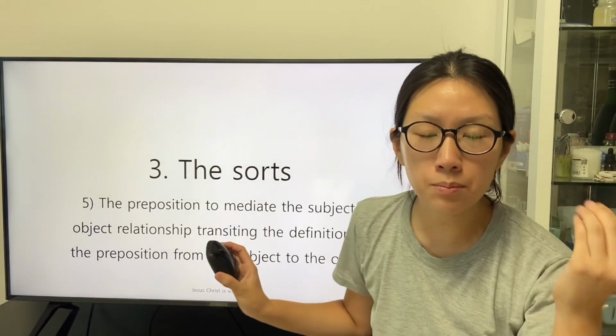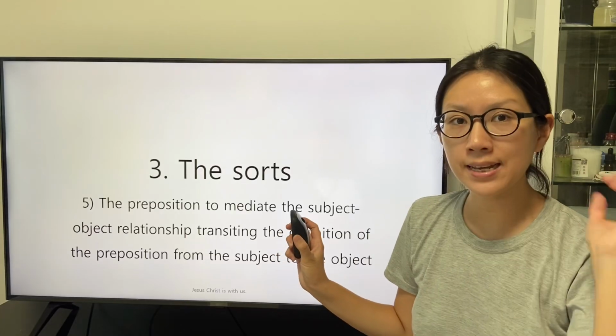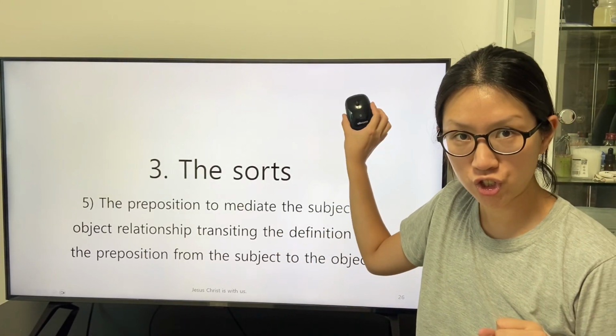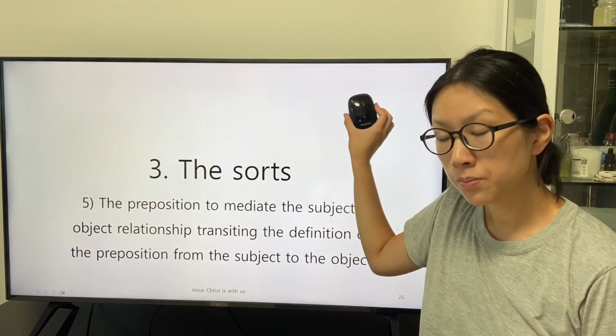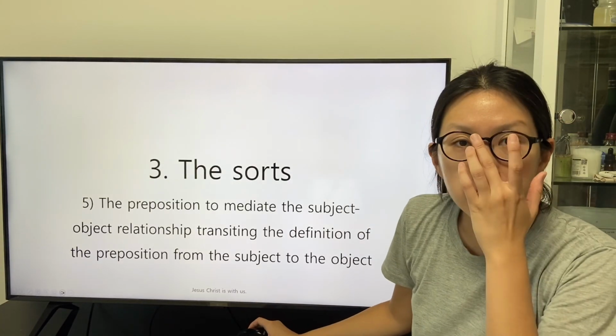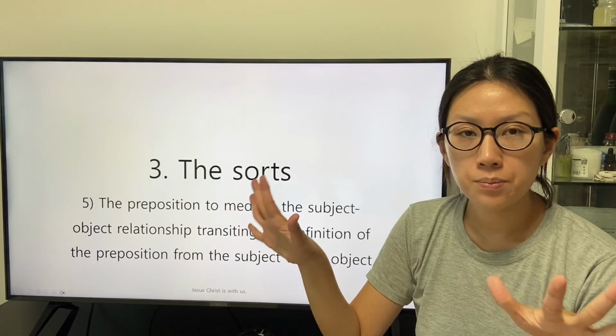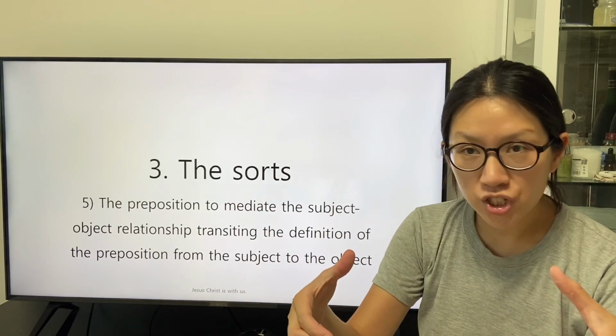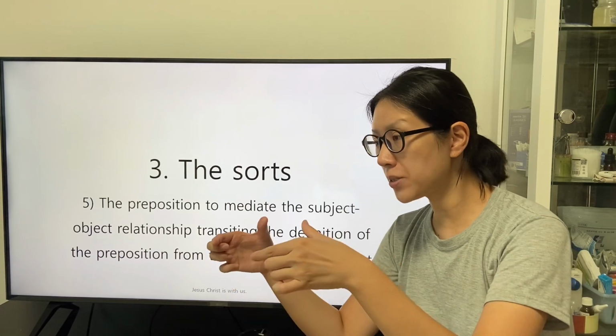At the same time, when the speaker as the subject actualizes the definition of the transitive verb attach, we can understand the concurrency between the definition of the transitive verb attach and the preposition on.